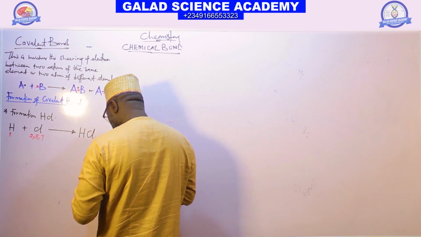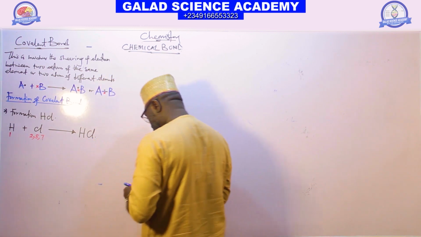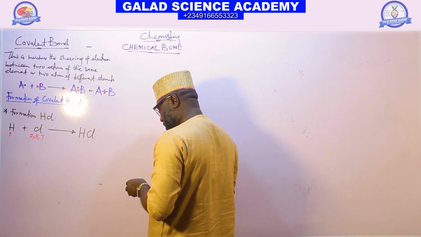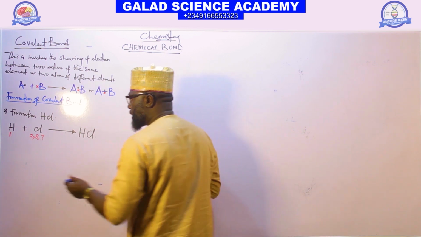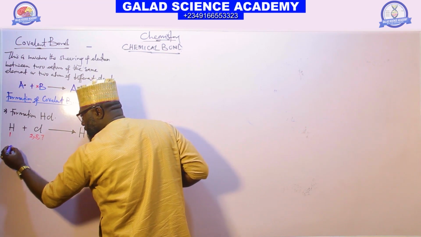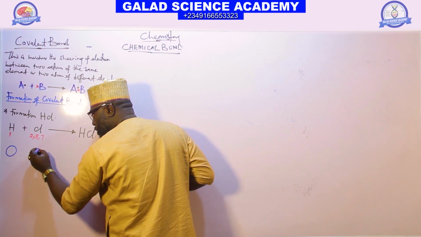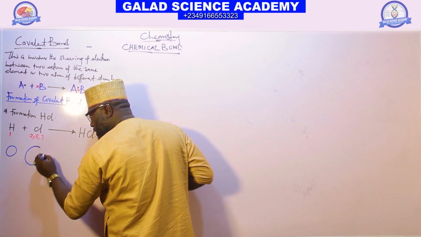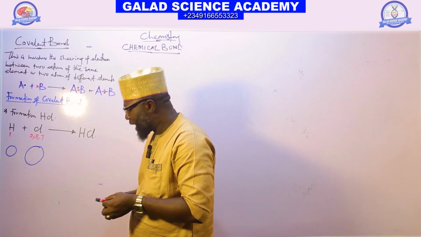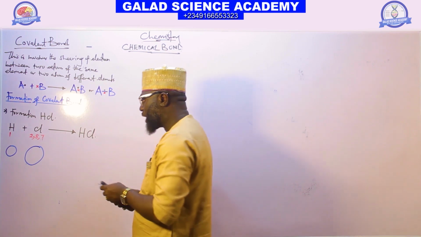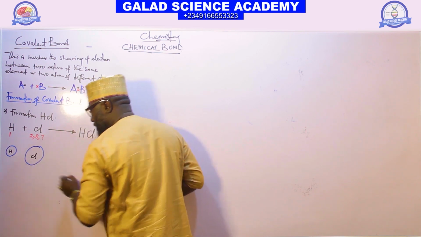So if they want to bond together, let me draw it like this. Assume this is hydrogen and this is chlorine. Permit me to write their electronic configuration alone. Here we have H, Cl.